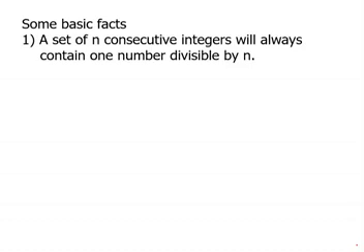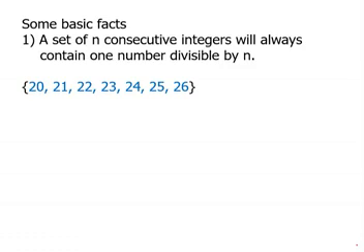So if I just take a random swath of 17 numbers, somewhere in there, there's going to have to be a multiple of 17. So for example, here, I have 7 numbers, and so it's guaranteed that there's going to be one number divisible by 7 in this group. That is guaranteed, and that one is 21. If I go larger, it's not necessarily guaranteed. As it happens, there is a multiple of 8 here.